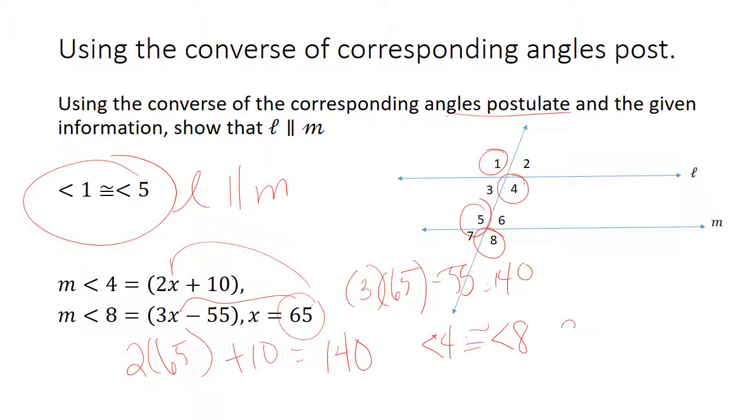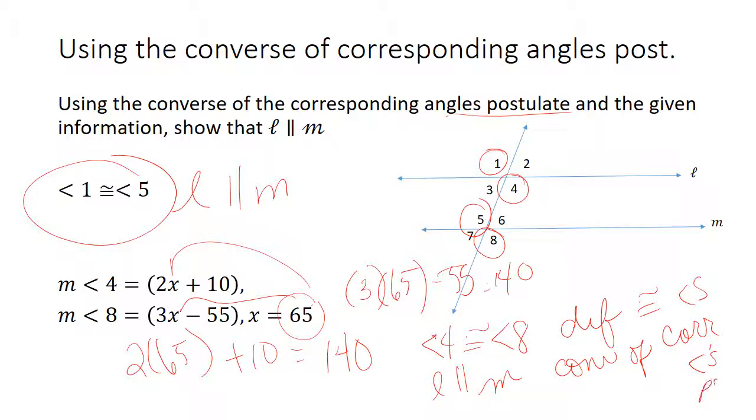They're congruent by the definition of congruent angles. And we can say that L is parallel to M using the converse of the corresponding angles postulate.